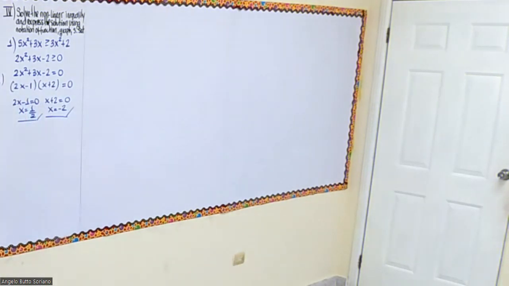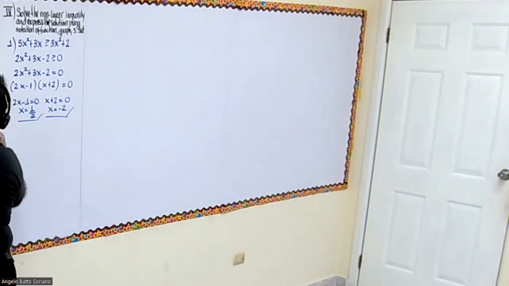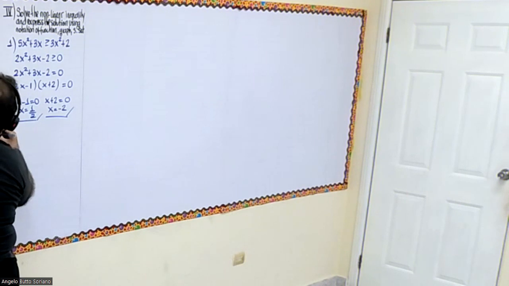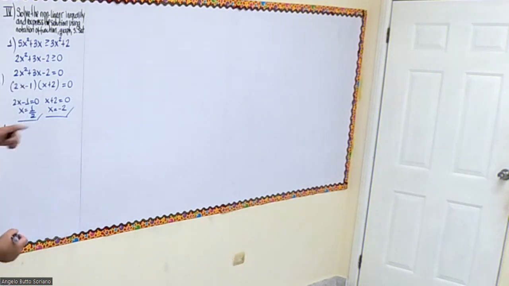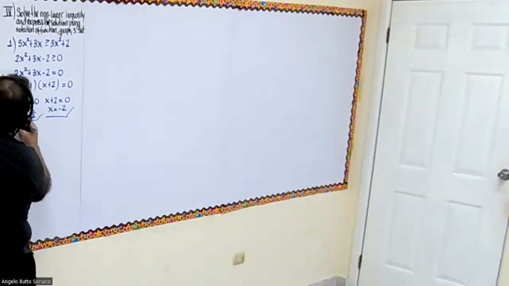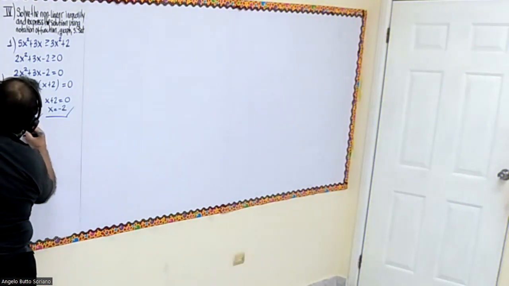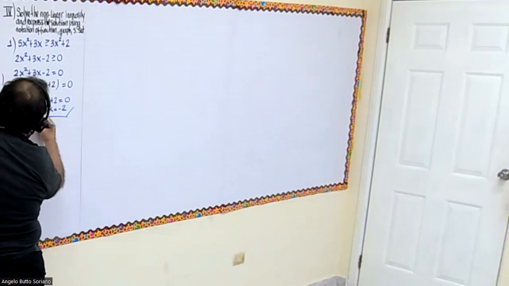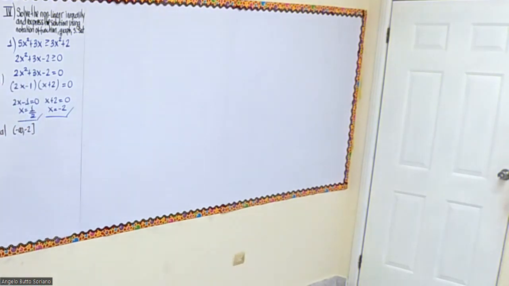negative 2. Okay? Now, what are we going to do? We're going to create that table of signs. In the table of signs, remember, we must write the polynomial. The first interval will be given by negative infinity, comma, negative 2, closed bracket. Why am I using brackets?